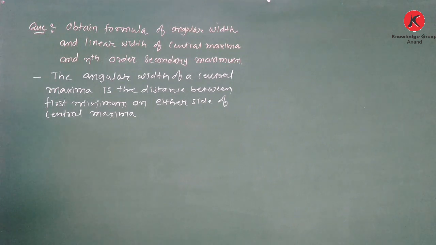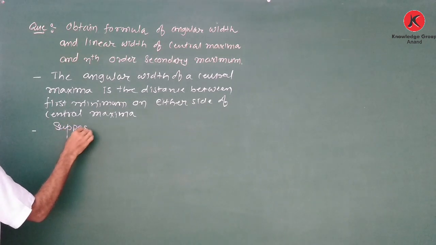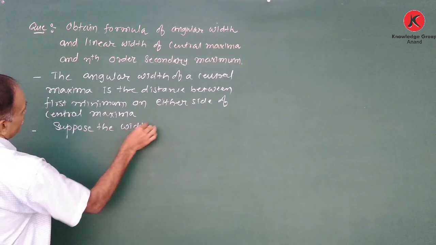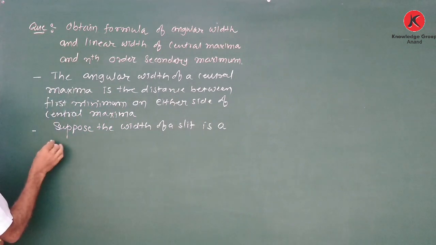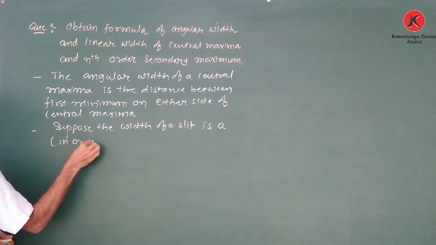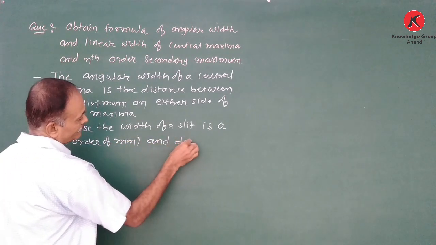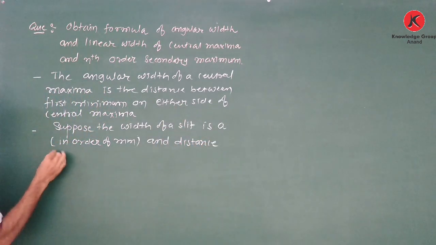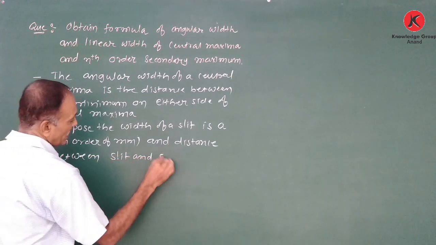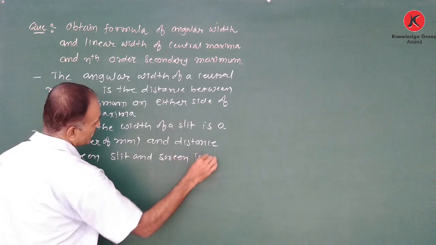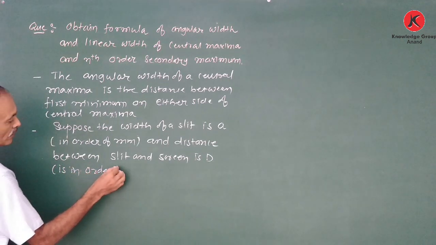For that purpose, we assume that the width of the slit is small, a, in the order of millimeter, and the distance between the slit and screen is D, which is in the order of meter.